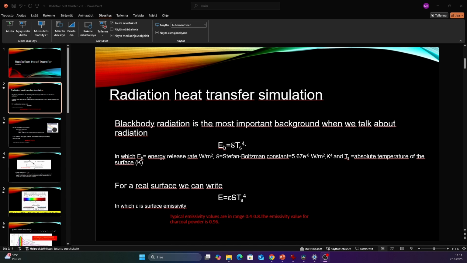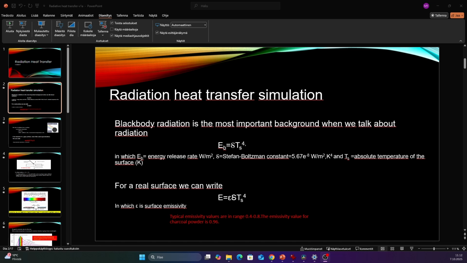And for real bodies we use the so-called emissivity factor. Real bodies are not emitting so much. The black body is some kind of ideal body. For real bodies, these emissivity values are typically 0.4 to 0.8.